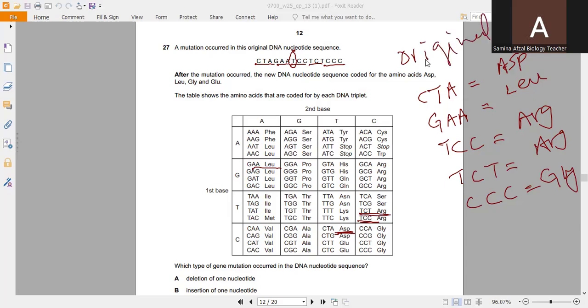After the mutation, that is, the T was deleted, and due to the deletion, the mutated nucleotides are formed in this way.